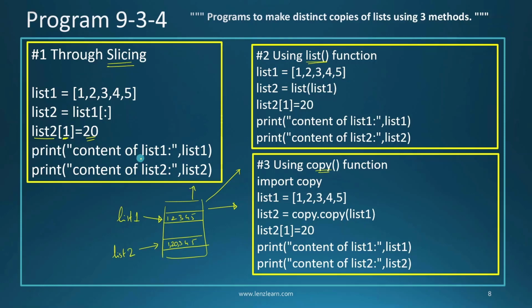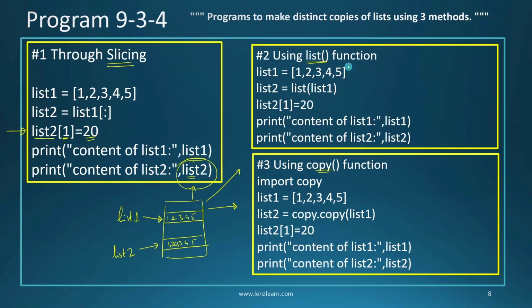After that, I am trying to print the content of list 1. You can see it will print 1, 2, 3, 4, 5. After that, when I print the content of list 2, it will print 1, 20, 3, 4, 5. So now it's clear that list 1 and list 2 are separated in memory, because when I change the content of list 2, it is affected only in list 2. So when you run the program, you will understand.